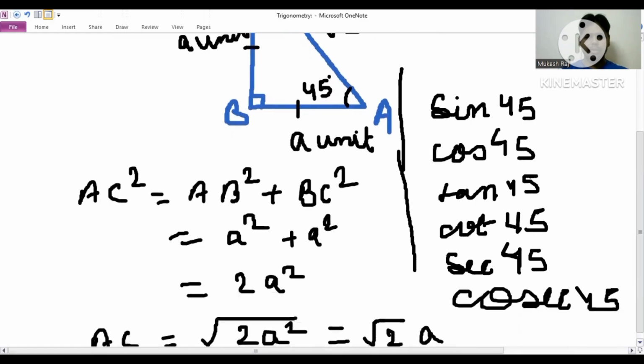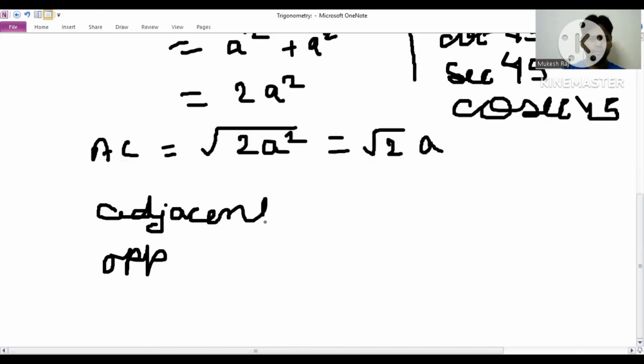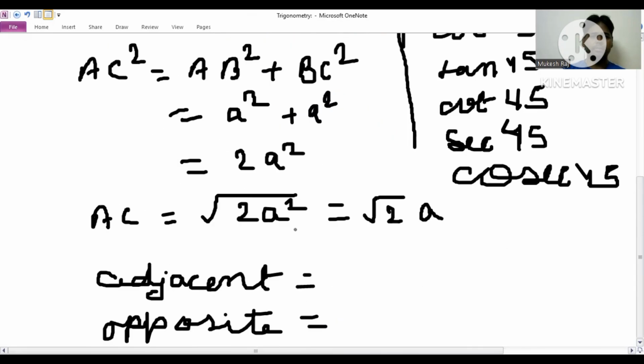In addition to this, we have to find which is the adjacent side and which is the opposite side. So here adjacent is the length AB and opposite is the length BC.